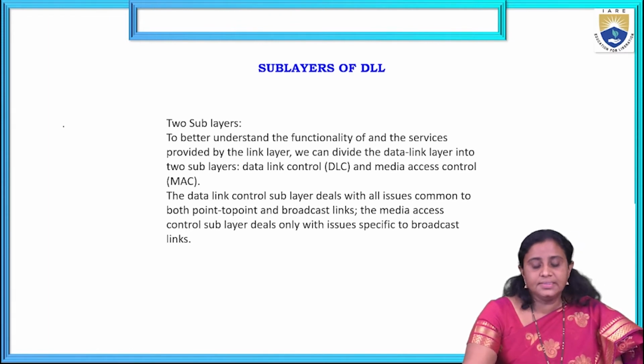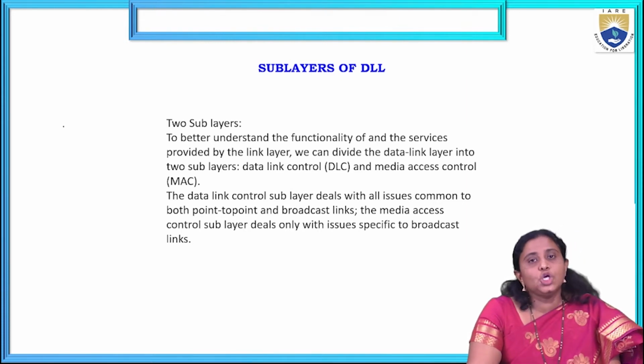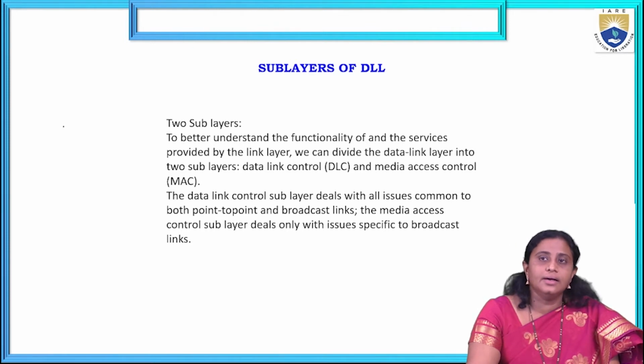The next topic to be discussed under the data link layer is the sublayers of the data link layer. Here we have to identify two types of sublayers. To better understand the functionality and the services provided by the data link layer, we can divide it into two sublayers.